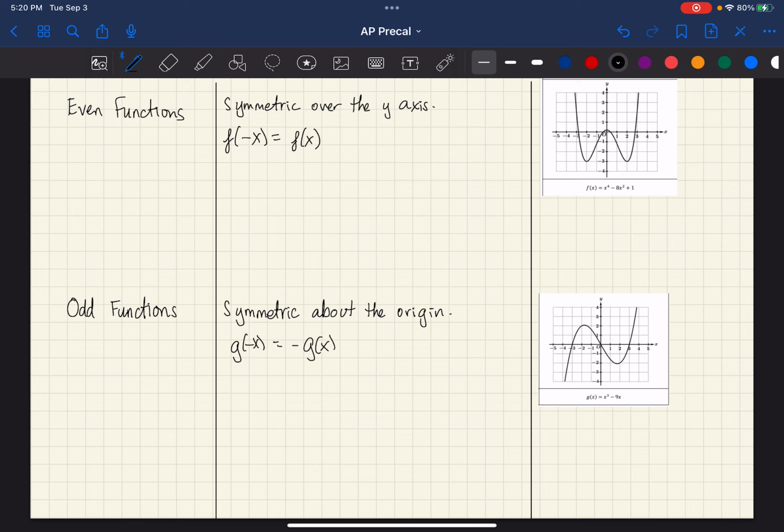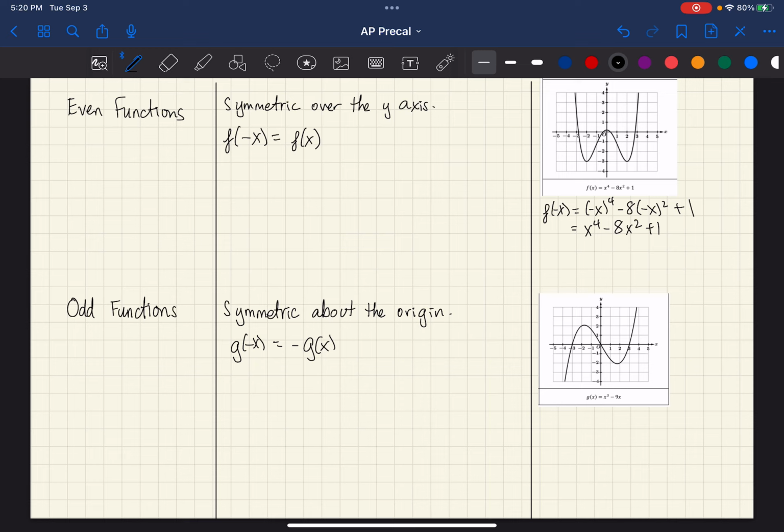But if I were to replace every single x with a negative x, right? So x to the 4th, well, that would still be a positive x to the 4th. Negative x squared is a positive, so that's still 8x squared plus 1.